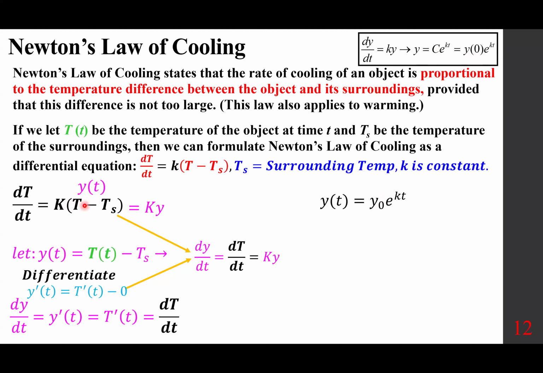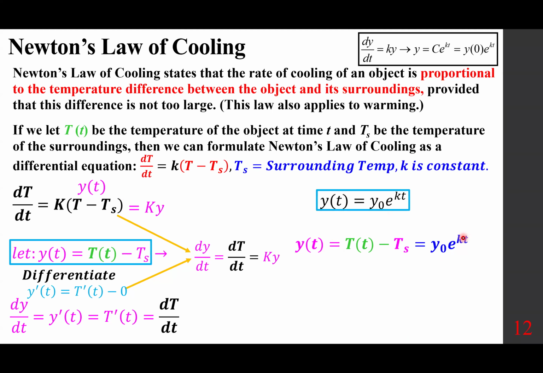y of t is T of t minus T sub s, and it's equal to that. So y of t is T of t minus T sub s, and it's equal to y sub 0 e to the power of kt again.